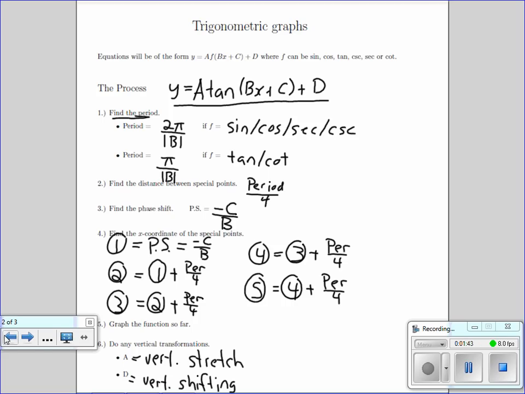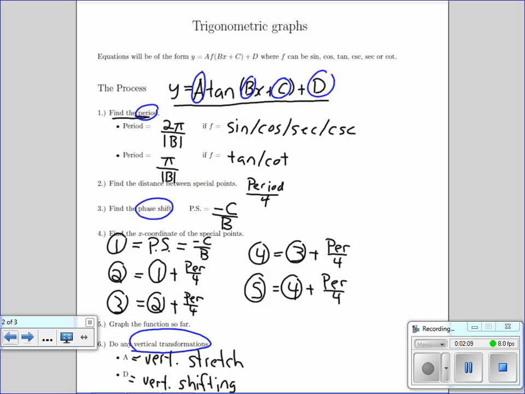We need to find b and c, which come from our horizontal transformations, which we'll do using the period and the phase shift. Our numbers a and d come from our vertical transformations down here at the last step. Again, just like with normal graph transformations, we do the horizontal transformations before we do any of the vertical transformations.